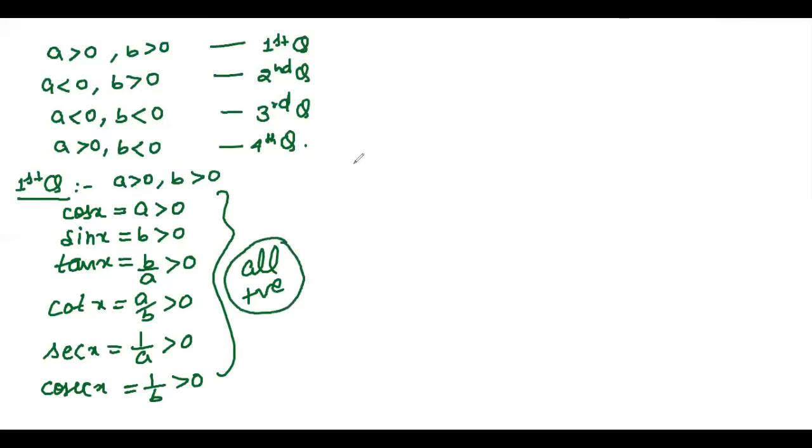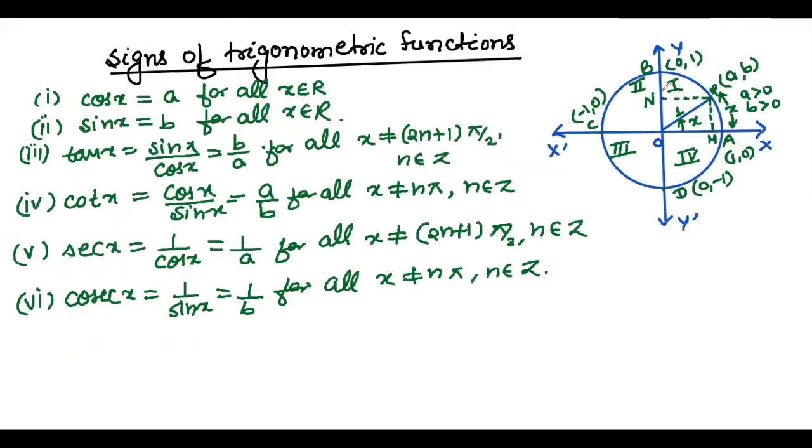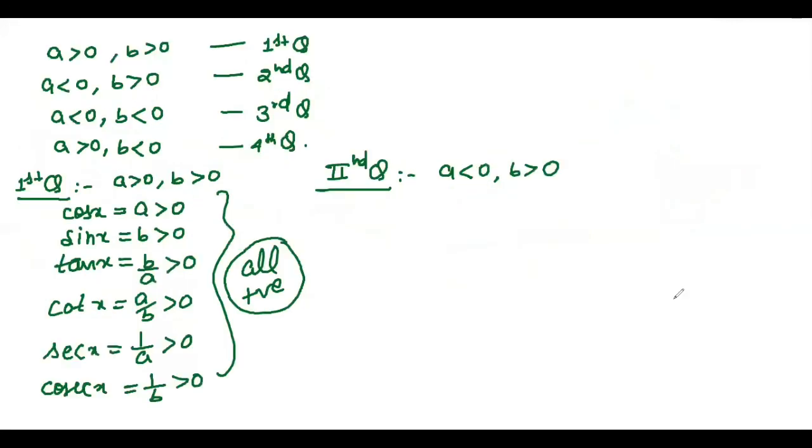Now second quadrant. In the second quadrant, a is less than 0, b is greater than 0. Second quadrant means in between pi by 2 to pi. This is the second quadrant part. So here a is less than 0 and b is greater than 0.